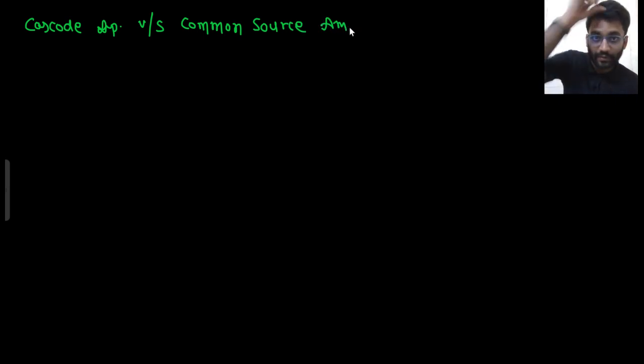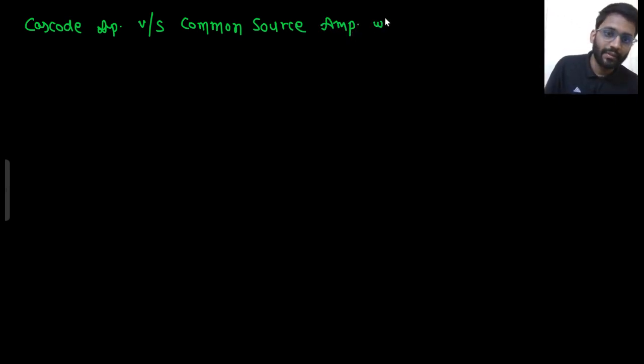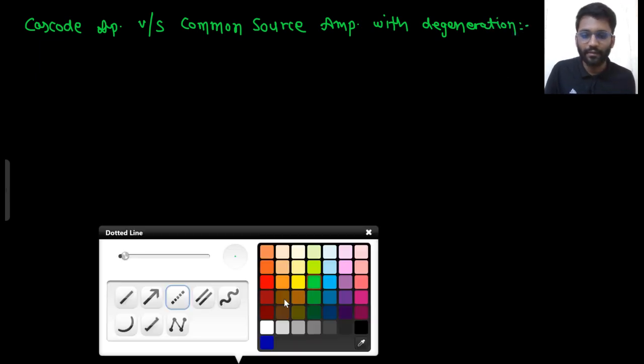So I will write down one last thing, that is cascode amp versus common source amp with degeneration, right?